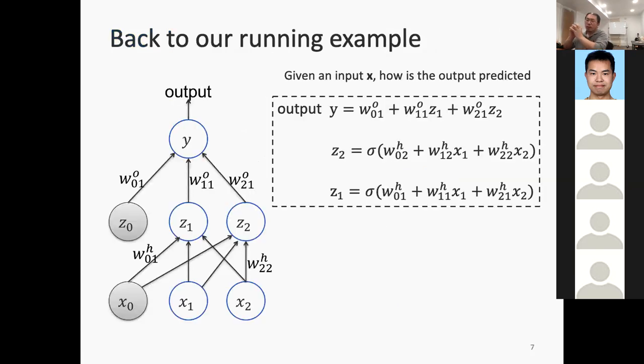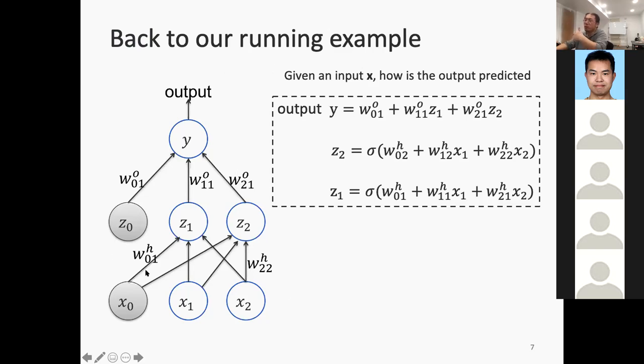So let's look at a concrete example. We still use this example neural network to illustrate it. Suppose we have a set of weights in our hand, perhaps randomly initialized. Now we're given a training input x.